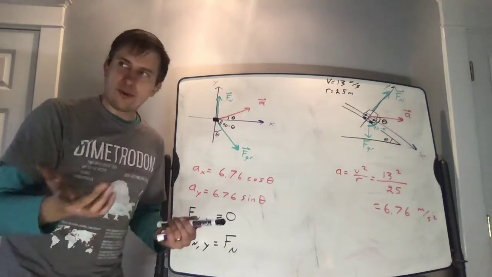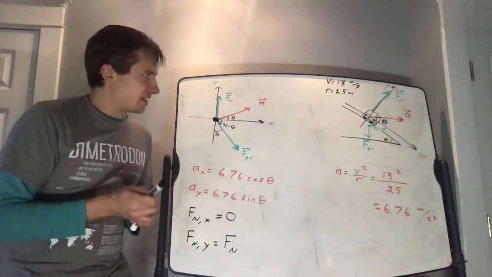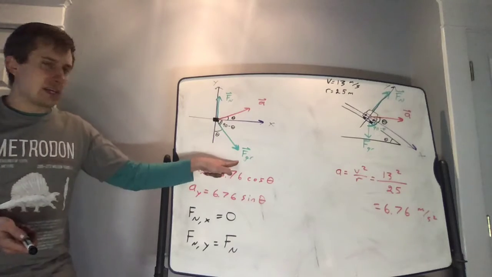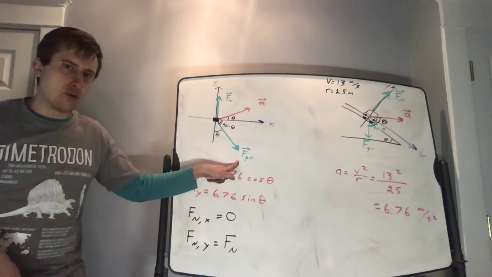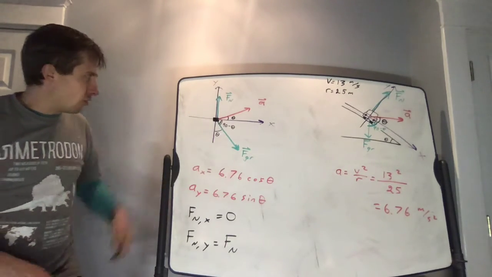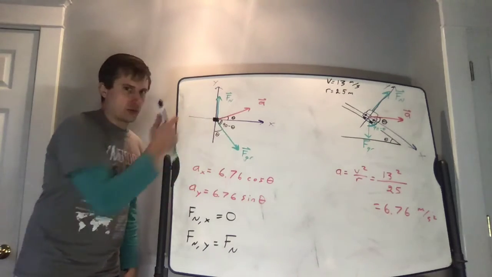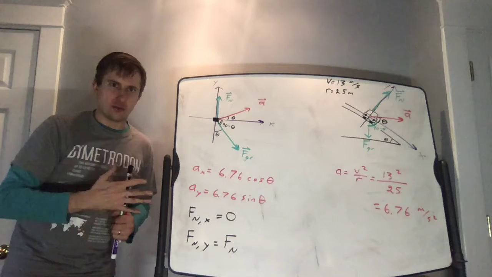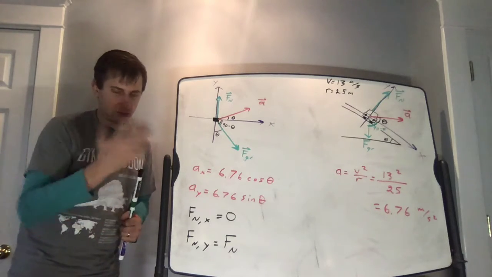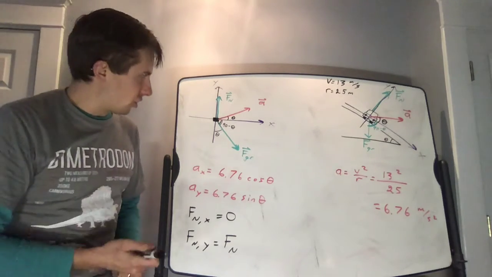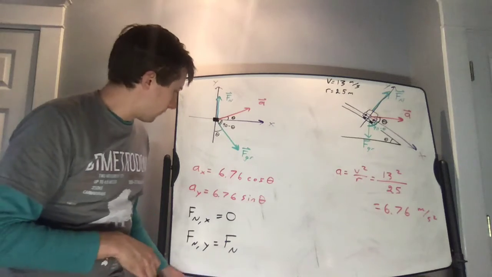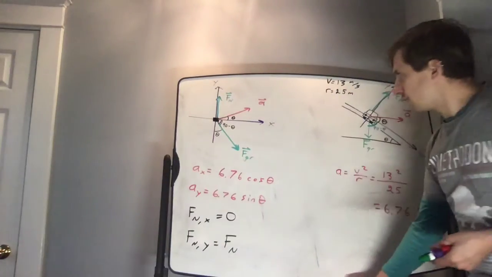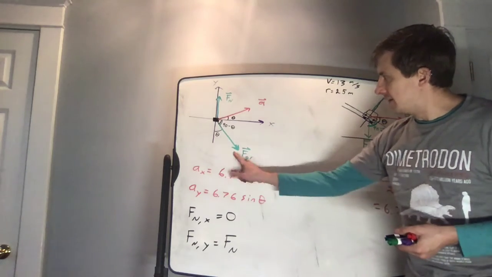However, remember from inclined planes, when we deal with tilted coordinate systems, the force of gravity will have an x component and a y component. The total magnitude of the force of gravity is equal to mg, but we then break up that total magnitude into x and y components. So how do we want to think about the force of gravity? Let's write the force of gravity in this form.